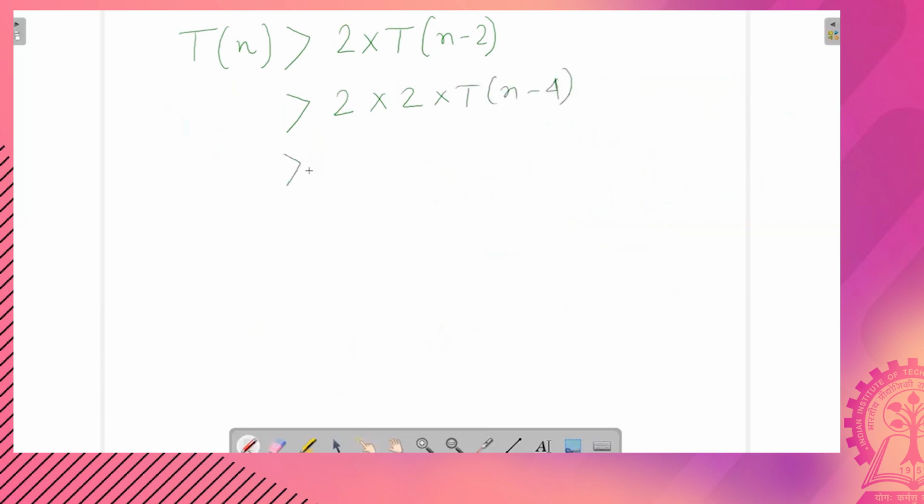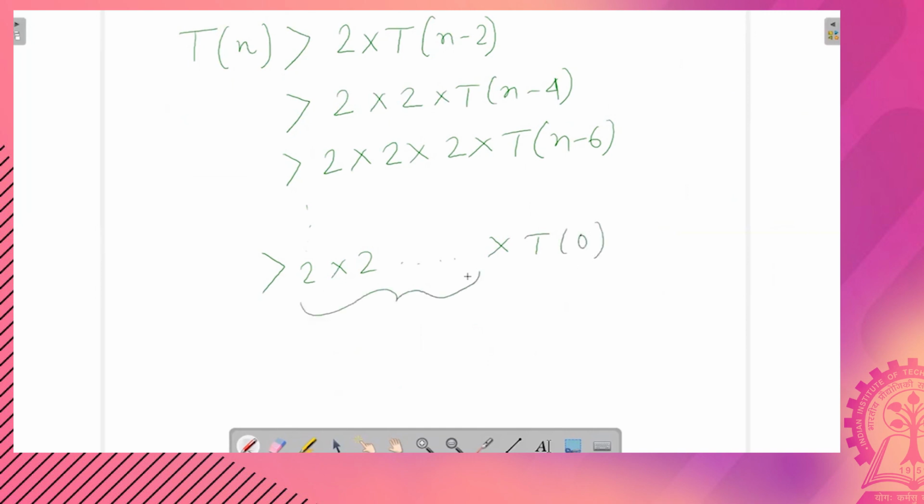And we can keep on unfolding this recursion up until... and how many such terms will there be?